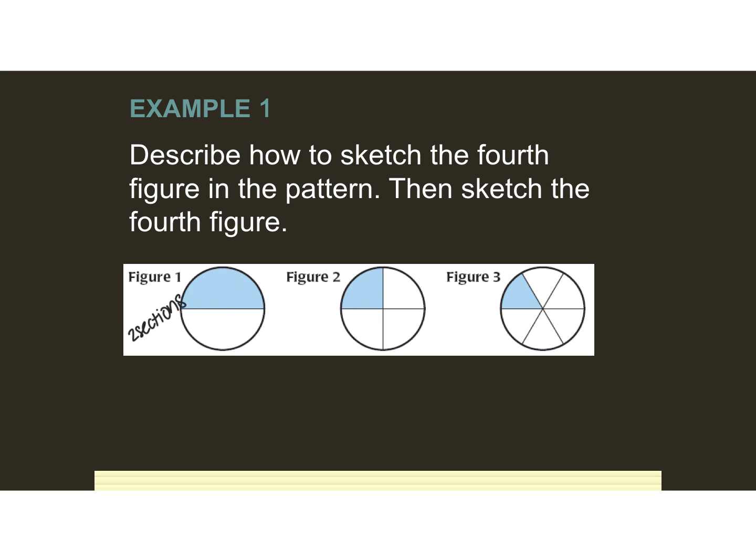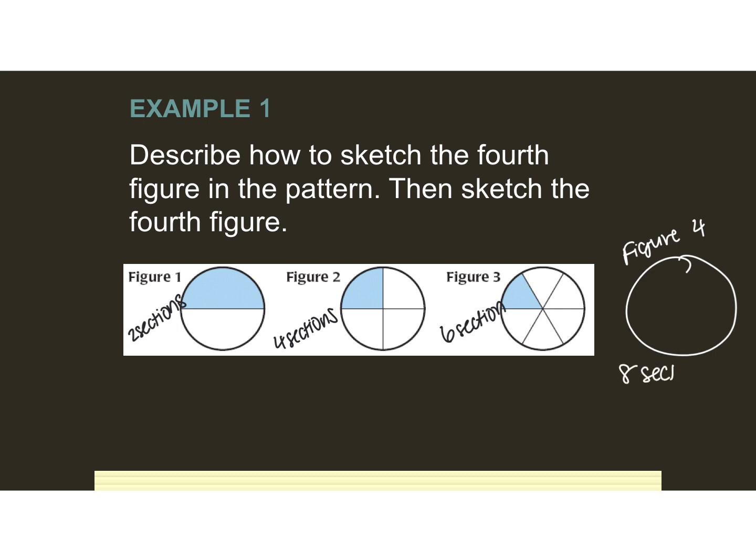Looking at figure 2, I have 4 sections. Looking at figure 3, I have 6 sections. And then I have to have figure 4. How many sections do you think I would have for this one? 8 sections. Good.